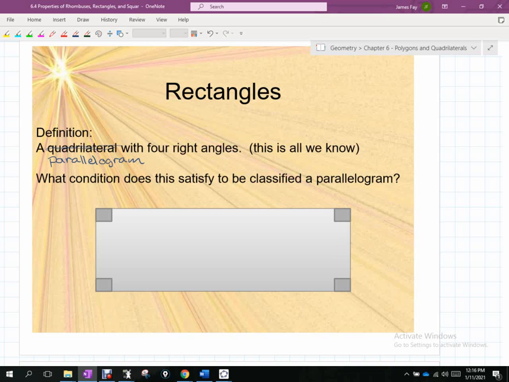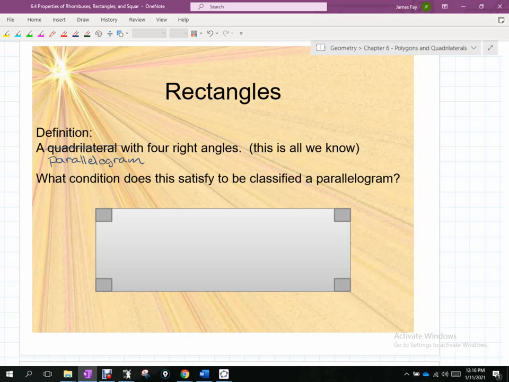And in 6.3, we say if both pairs of opposite angles are congruent, that quadrilateral classifies as a parallelogram. So however you write it, whether you say it's a quadrilateral with 4 right angles or a parallelogram with 4 right angles, it's going to be a parallelogram with 4 right angles. That's how we define a rectangle.